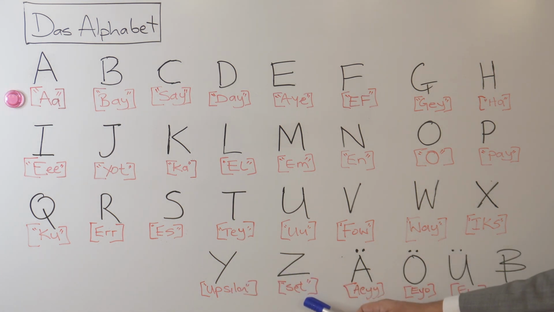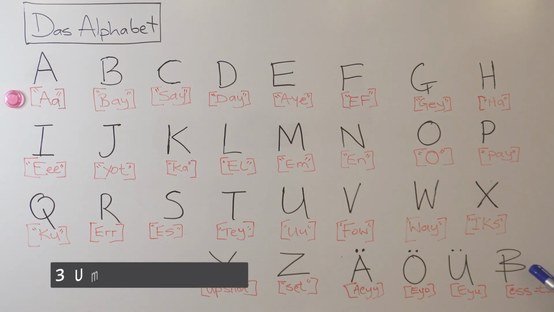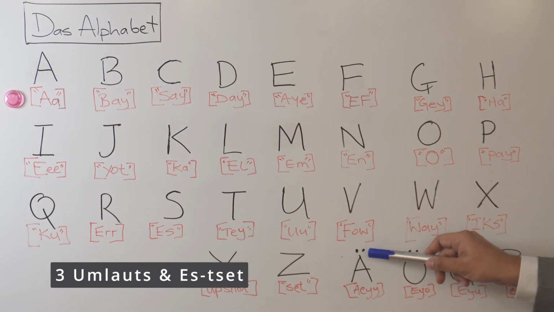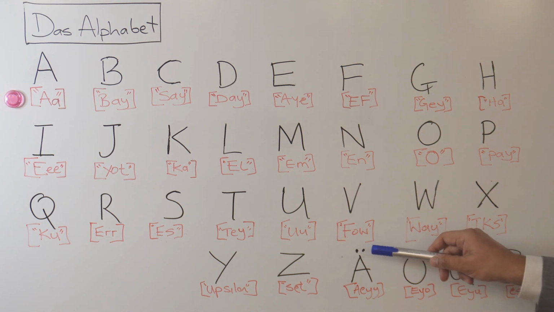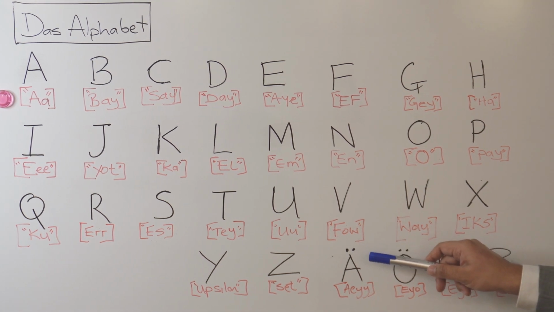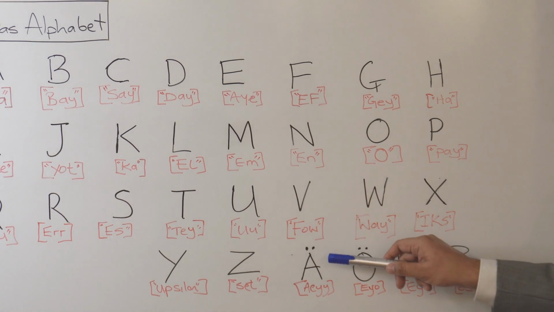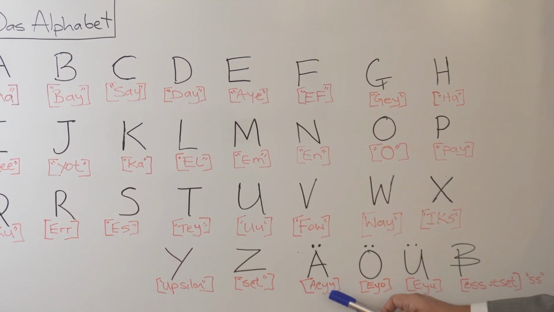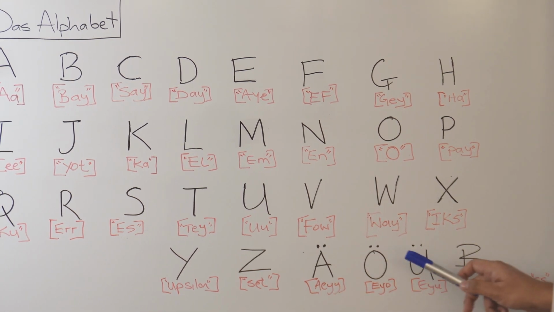Z as set, set. And additionally, there are 4 more letters that we use in the German language, and you can see there are 2 dots over them. These 2 dots are called umlaut. This changes the pronunciation from A to Ä.